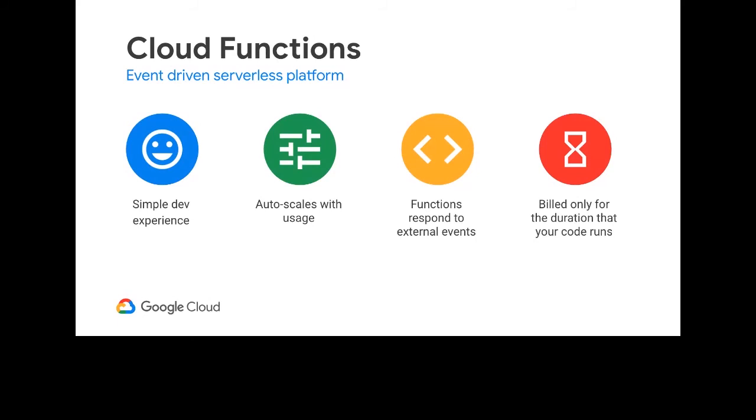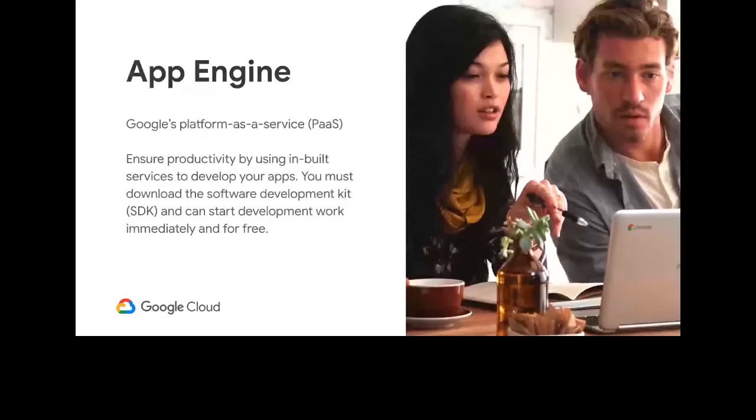App Engine is Google's platform as a service. Platform as a service means, as I already mentioned, you needn't care or bother about the underlying infra which you're going to need to run your code, right? You just need to download your software development kit.